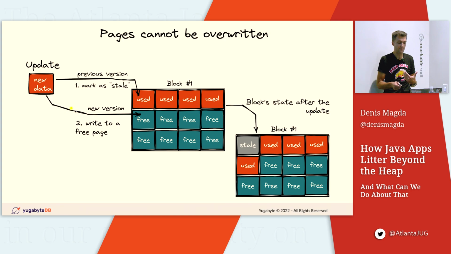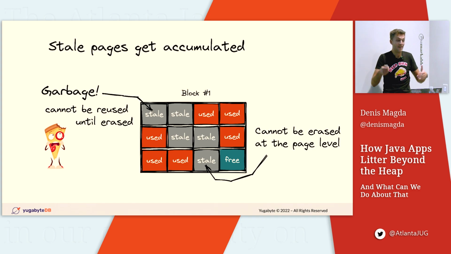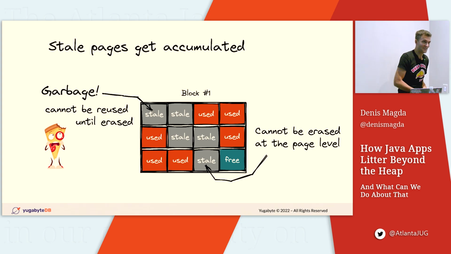Instead, SSD will write this new version of the page into a free page in the block, and the previous one will be marked as stale. Sounds familiar, right? The old pages are not deleted, they are rather marked as those that keep the stale data. And again, with SSD you write data, you update data, you insert, and so on.